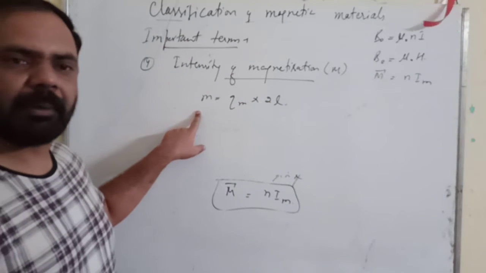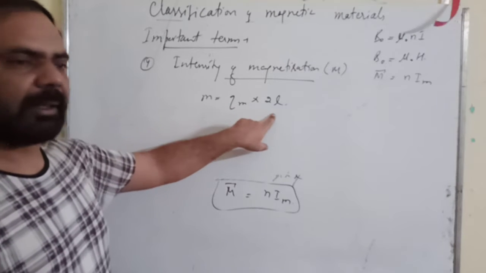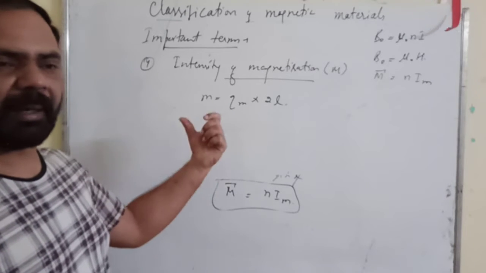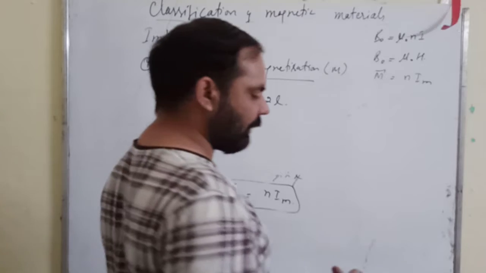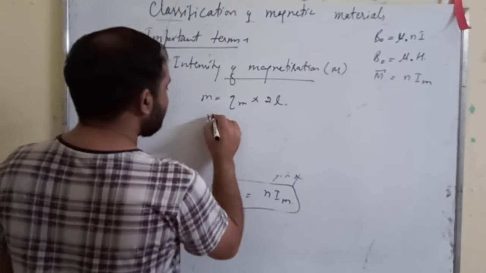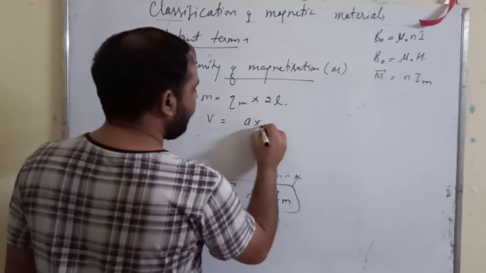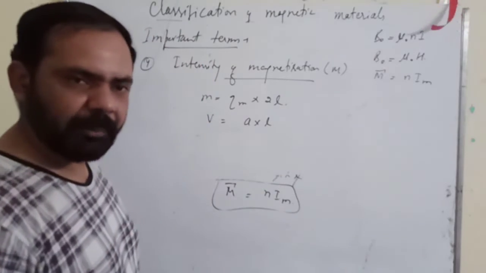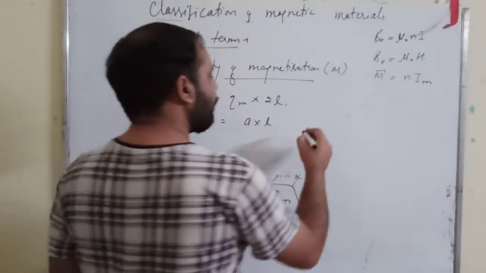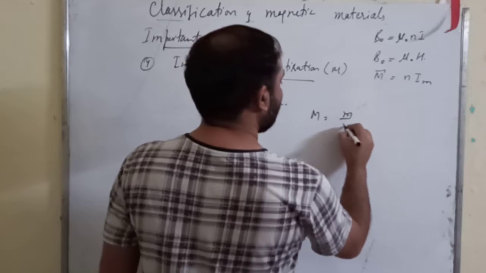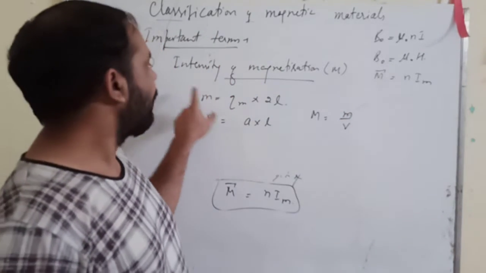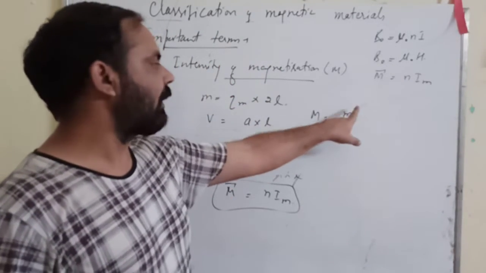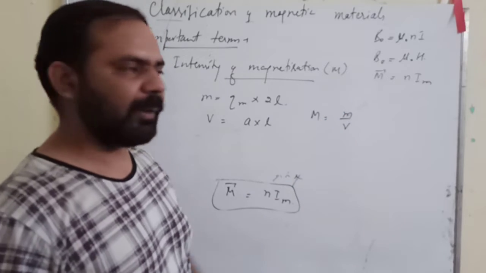The dipole moment developed in the material is the length of the material into Qm, the magnetic charge developed, Qm into 2L, and V is equal to area into length, the cross-sectional area of the material multiplied by length. So what will be the dipole moment? It is M upon V as per the definition. Intensity of magnetization is magnetic dipole moment developed per unit volume.